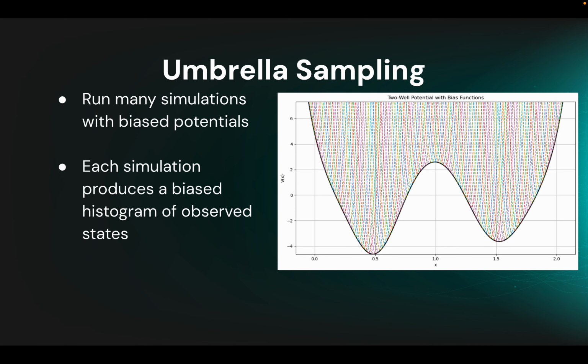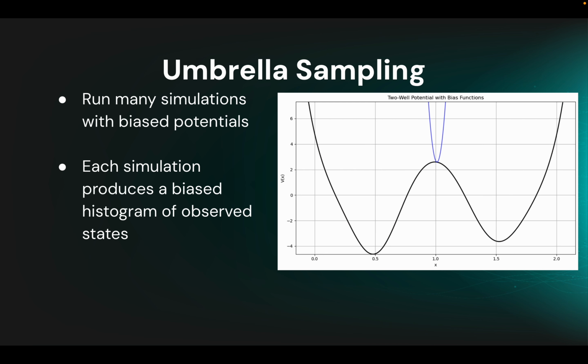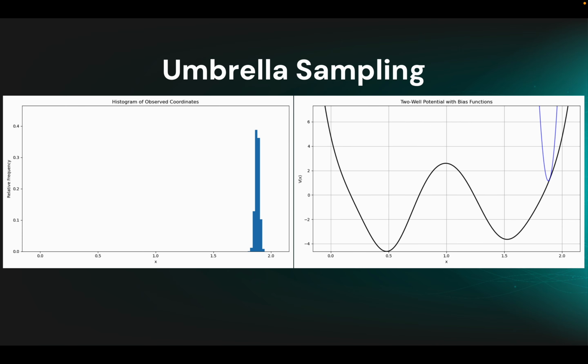Umbrella sampling is a methodical way of using these biased potentials to run many simulations. So as you can see here, we might actually have hundreds of different bias potentials that we use on top of our energy landscape. Each of these simulations is going to produce a biased histogram of observed states. So for example, we might have this one bias, and as the bias moves across our energy landscape, the histogram of observed coordinates is going to be tightly coupled with the specific bias function.